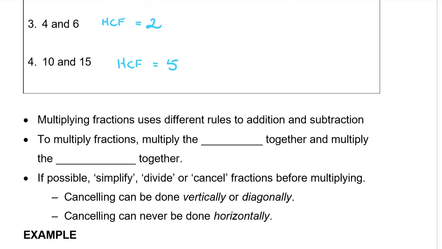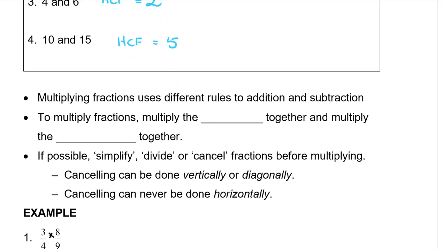Okay, so let's have a look at these next little bits down here. Multiplying fractions uses different rules to addition and subtraction. You cannot use the timesing together and the diagonal stuff that we were doing. It will not work, okay?